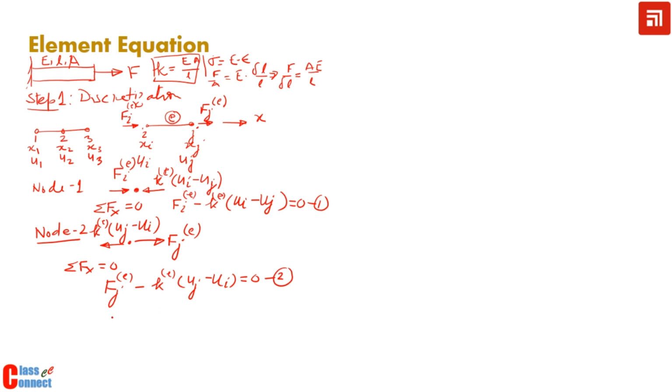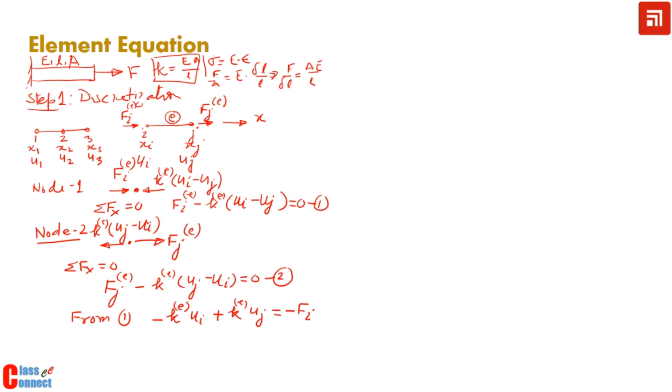If I write these equations by transferring the load term to the right hand side, from equation number 1 I get k for the eth element times ui plus k for the eth element times uj equal to minus fi.